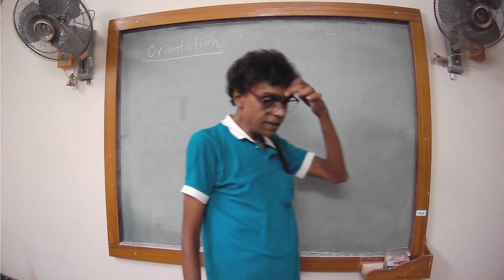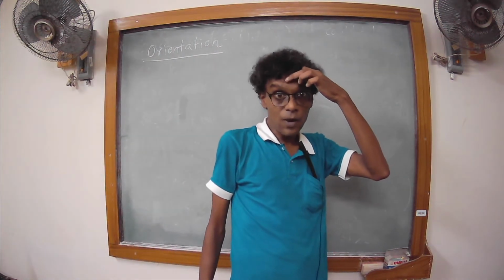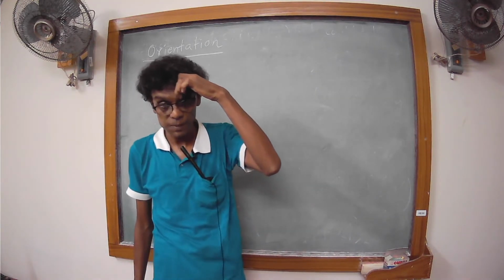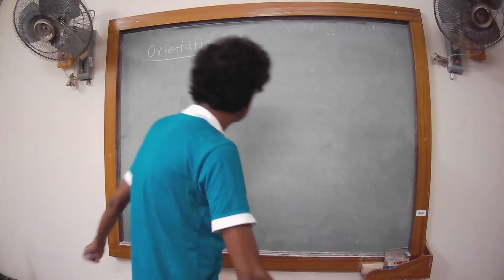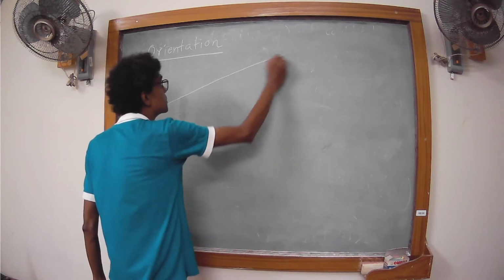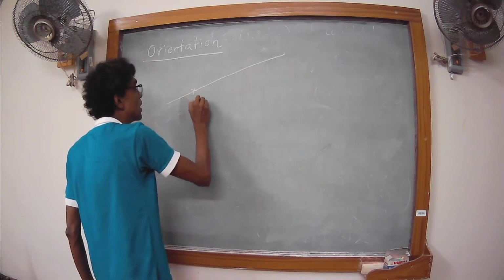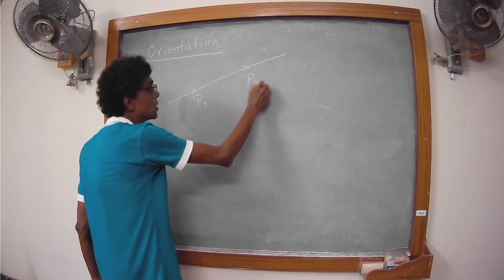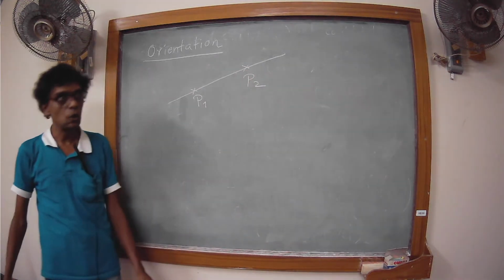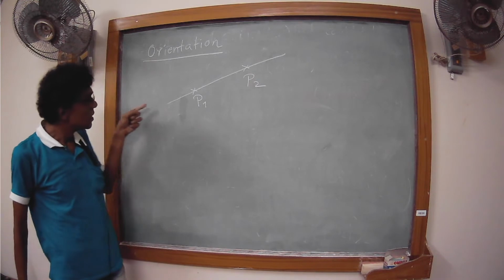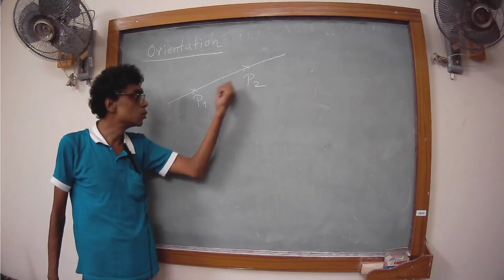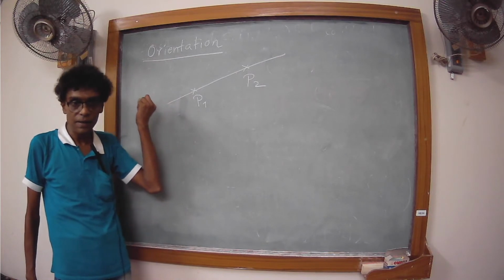And this once again requires the specification of the line by 2 points on it, P1 and P2. So I have a line like this. This point is called P1. This point is called P2. On this line there are two orientations, from P1 to P2 and from P2 to P1. Okay.